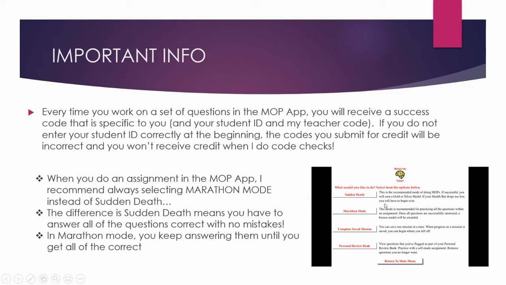I always recommend starting in marathon mode. In the past, some students have mistakenly gone into sudden death, and in sudden death, as soon as you miss a question, you have to start all over again. In marathon mode, you get to continue on until you eventually answer all the questions correctly.